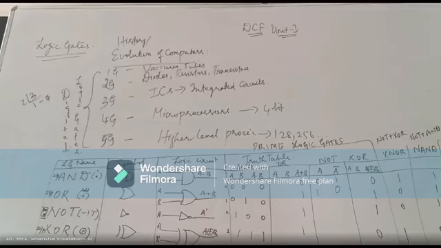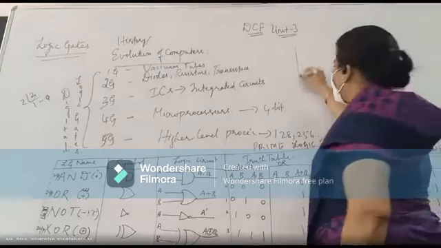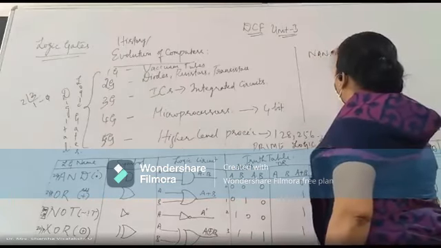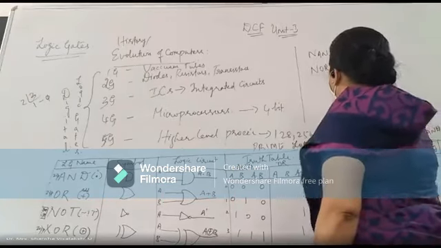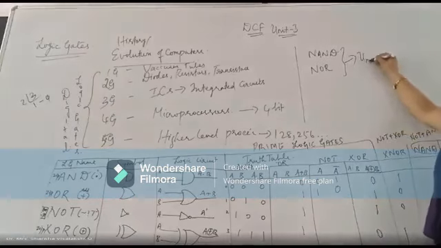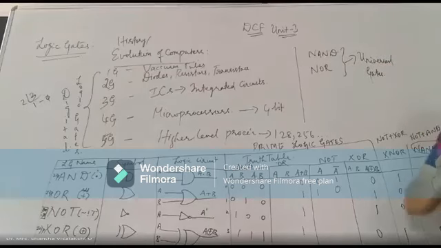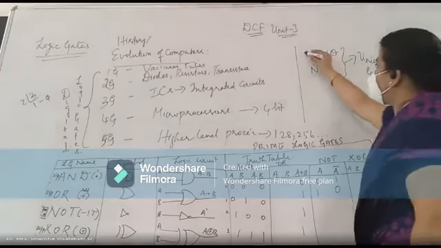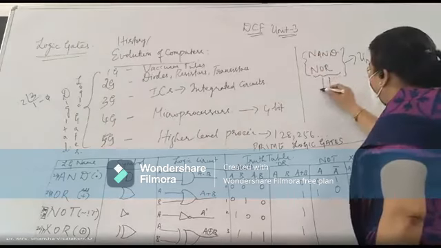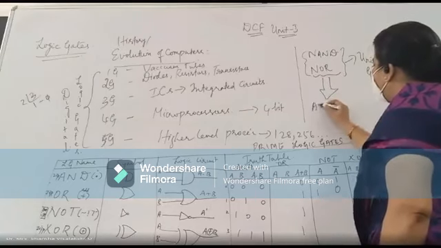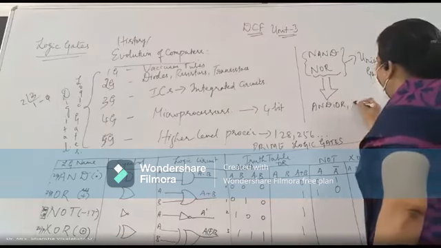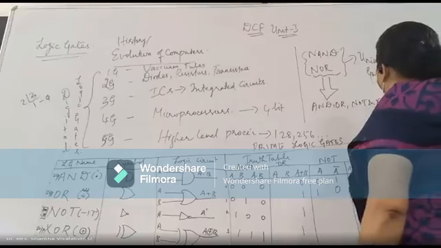Okay. I have something to highlight about NAND and NOR. Even computer science girls might have come across this. NAND and NOR are said to be universal gates. Why? Because with these two gates, you can design or configure AND, OR, NOT and XOR.